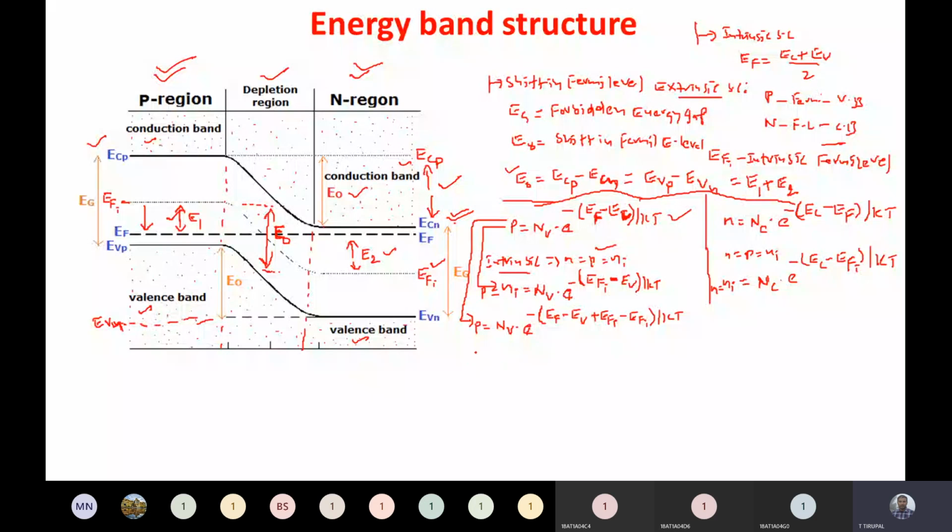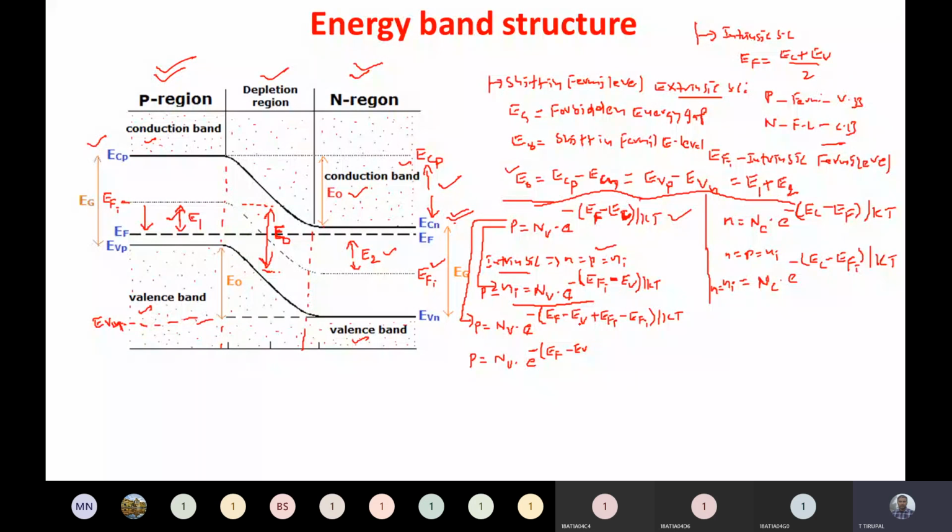So therefore now write it. P is equal to NV into, split into two parts, e power minus of EF minus EV. In terms of Ni, we need to obtain this one, NV into e power minus of EFI minus EV.